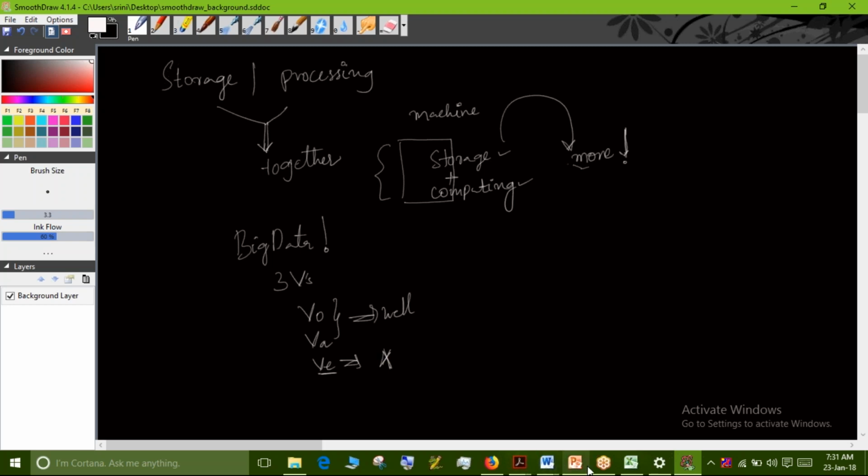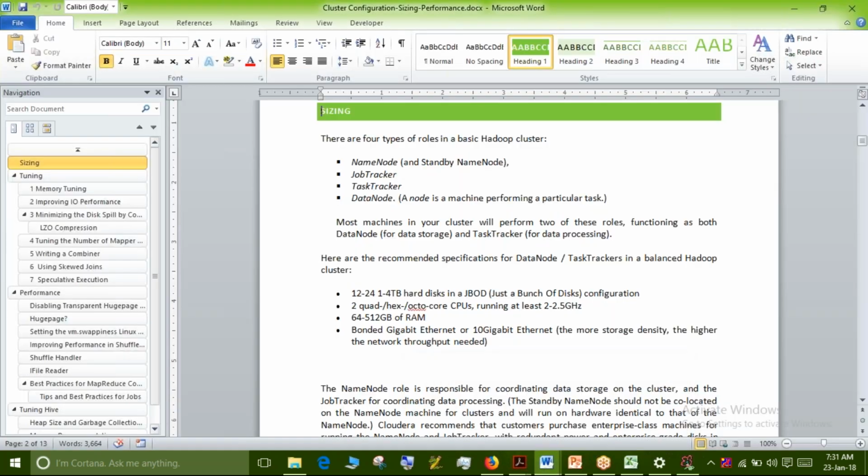That is the reason why the spec is being given here. 12 to 24 TB storage.